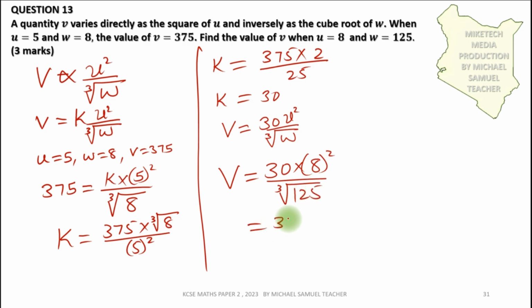So this will be 30 times 64 all over cube root of 125, which is 5. So 5 into 30 is 6. Therefore 6 times 64 we get 384, and that is the value of v.